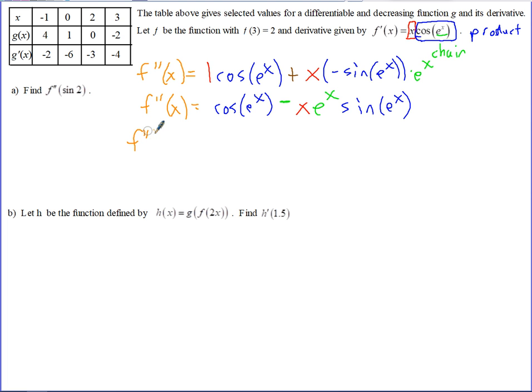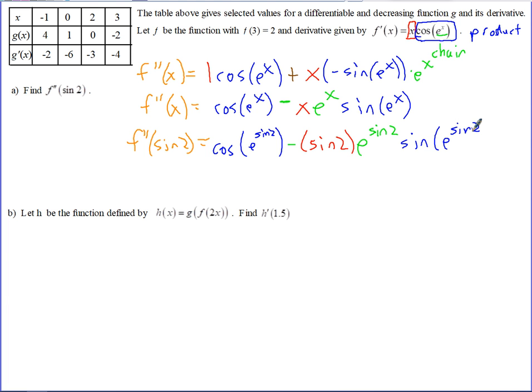So substitute in, it may look a little weird, but it would be cosine of e to the sine of 2 minus the sine of 2 we get substituted in there for x times e to the sine of 2 and then times the sine of e to the sine of 2.